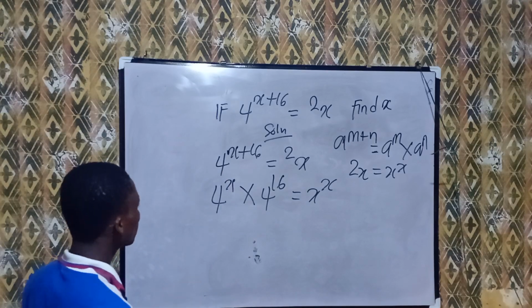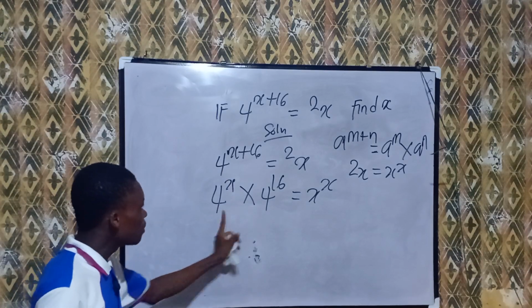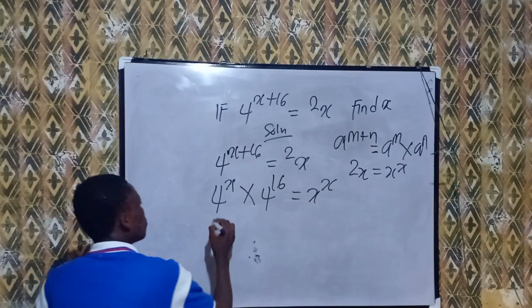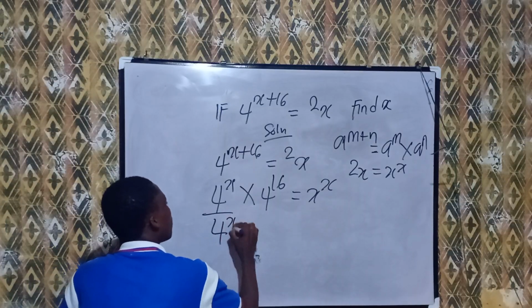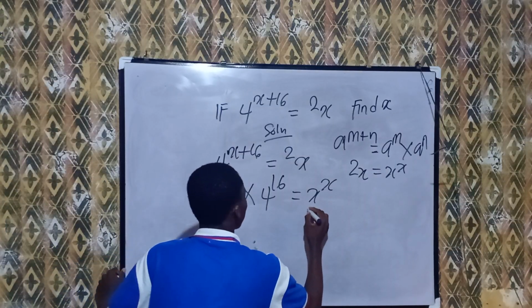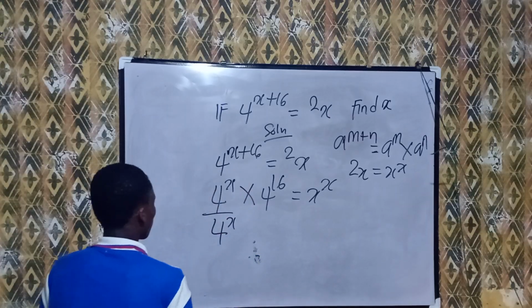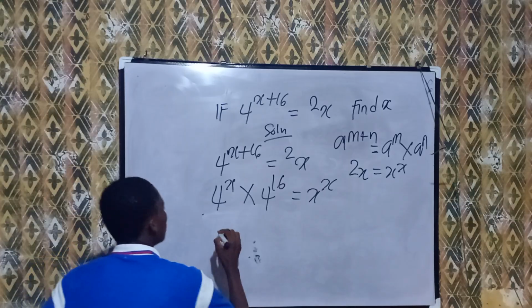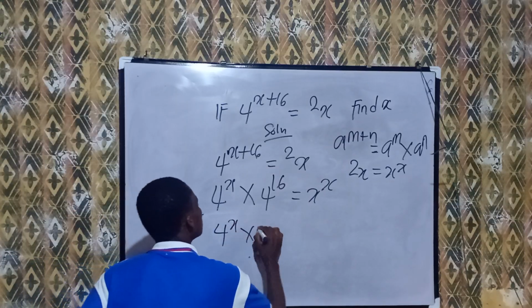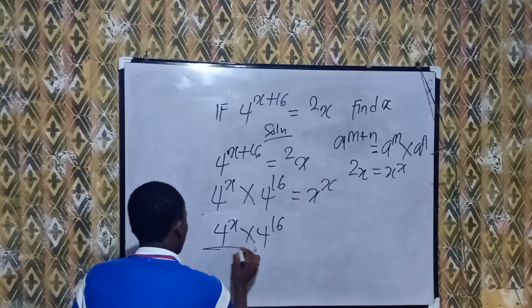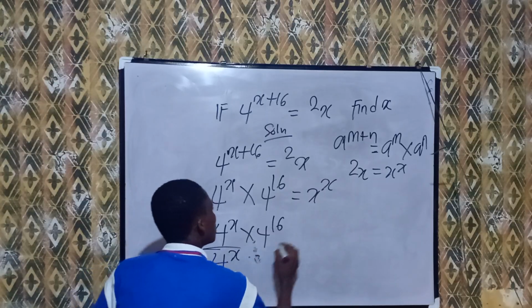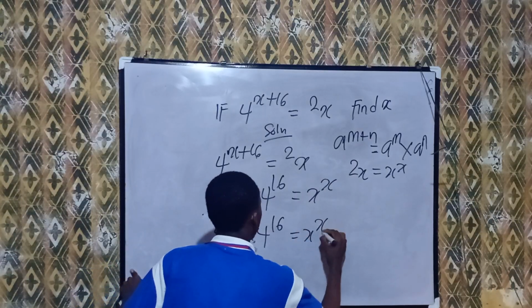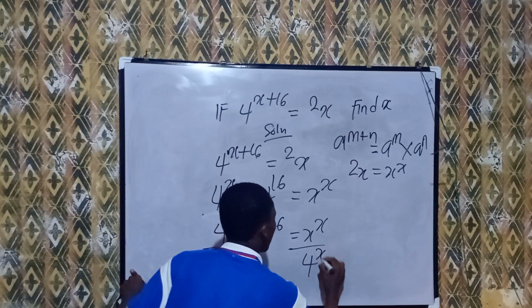All right, let's continue. So clearly we can divide both sides by 4 to the power of x. If we divide through here by 4 raised to the power of x, what we're having is 4 to power x times 4 raised to the power of 16 divided by 4 to power x, equals x to power x divided by 4 to power x.